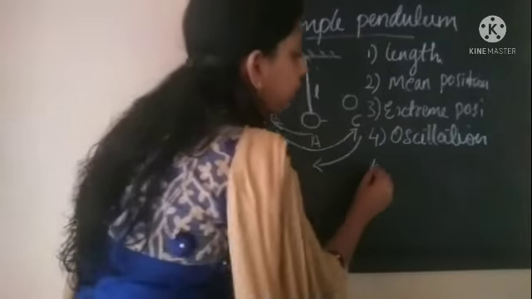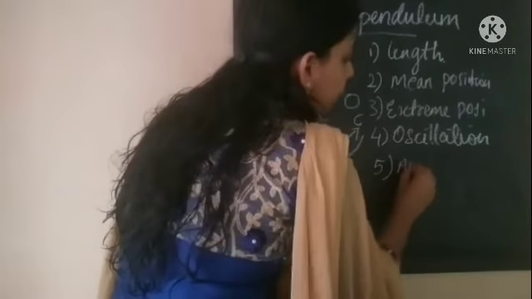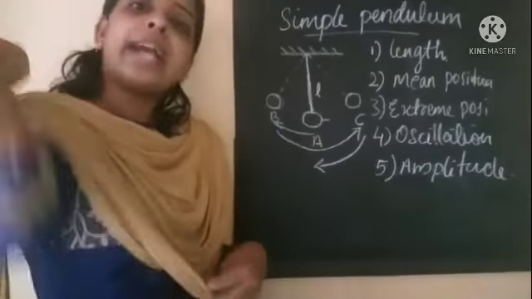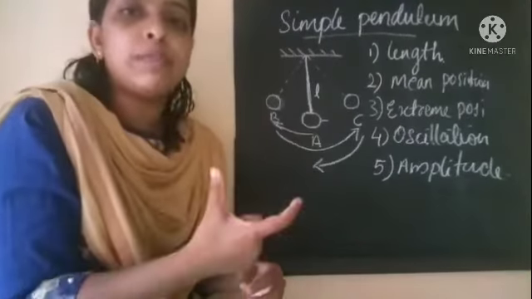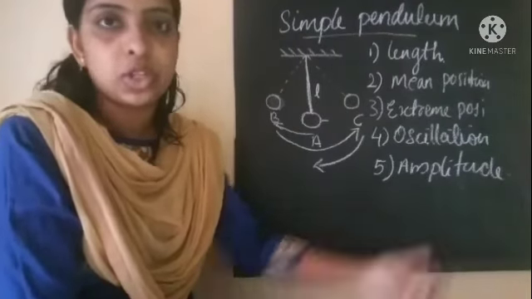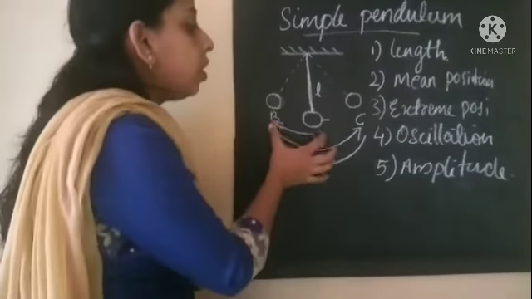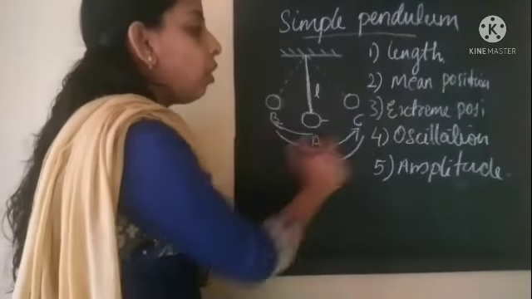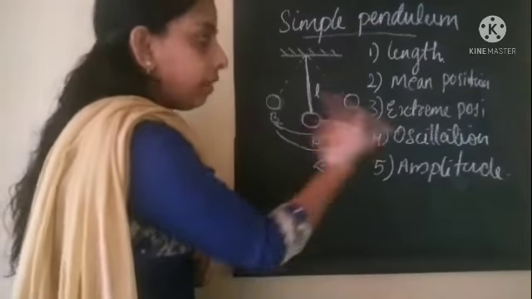Our fifth point is amplitude. Amplitude means the maximum displacement of the bob from its mean position. We already learned about extreme position. So amplitude is also the maximum displacement of the bob from either position.